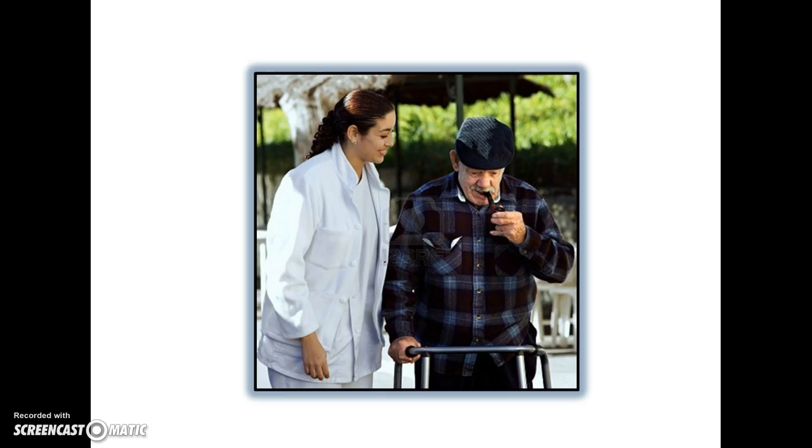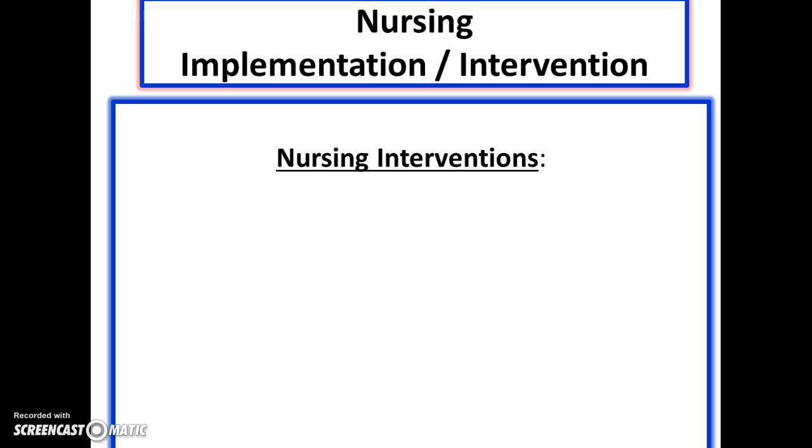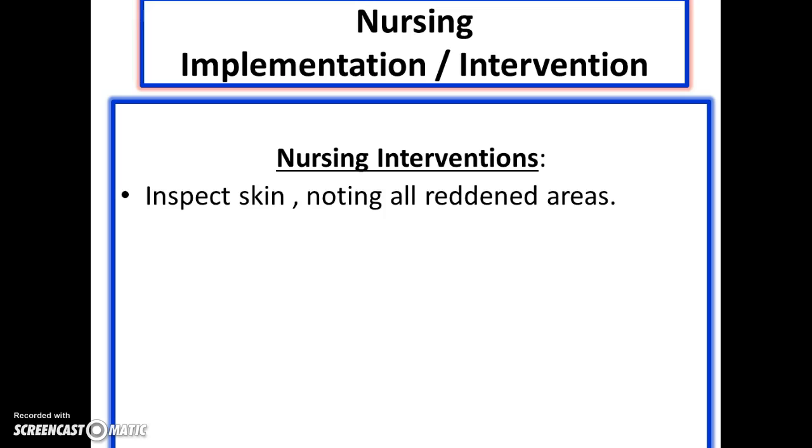Another thing that would be important is about the pain medication. If the patient is having pain, one of your interventions would be to pre-medicate patient with pain medication before getting up to ambulate.